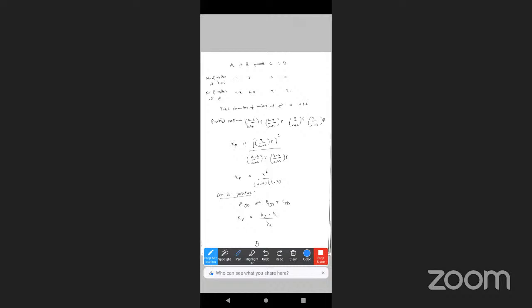So Kp equals x square by (a minus x) into (b minus x). So let us see this one.